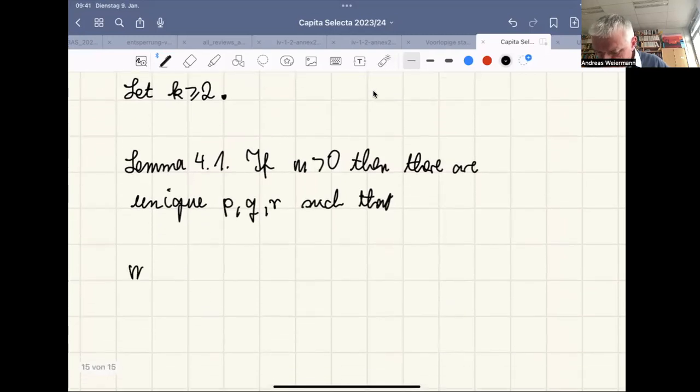m can be written with respect to an exponential representation with respect to base k. We write m as k to the r times p plus q.